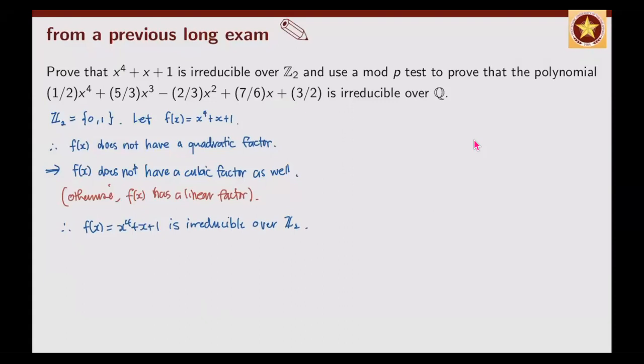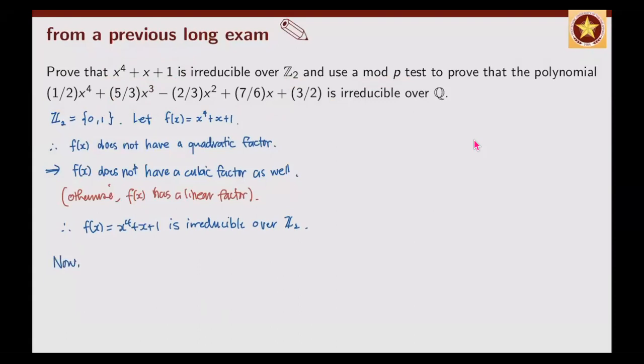Now, the second part leads you to using a mod p test. So naturally, what p would you take? Naturally, you take p as 2, because this is the one you know is irreducible. Maybe that's why it was given, because you will use it. First of all, reduce this.